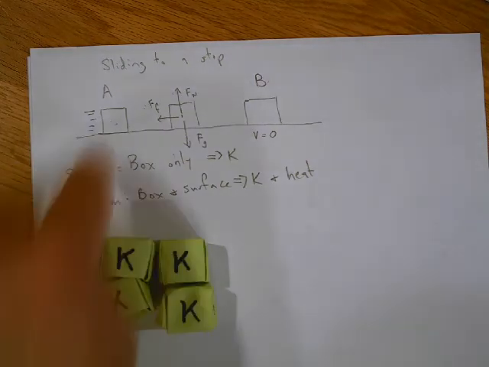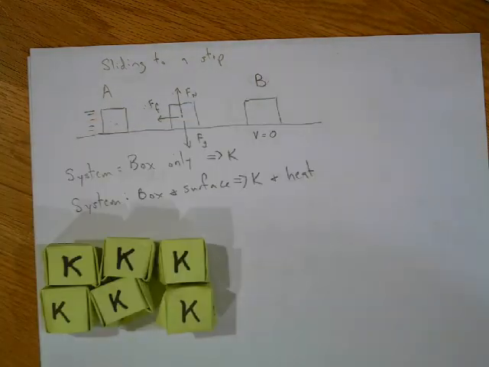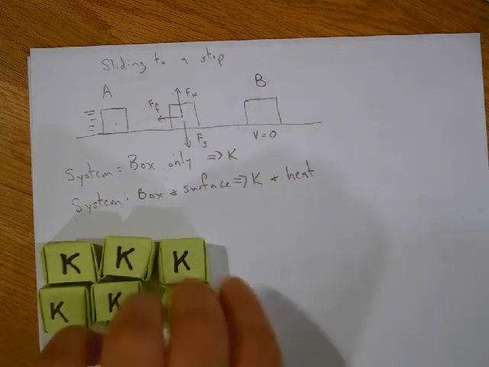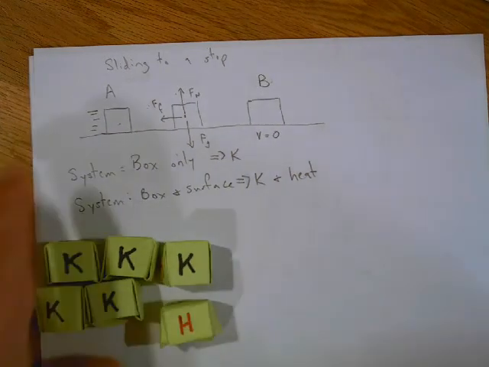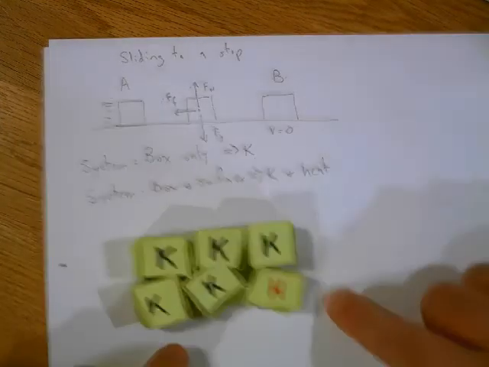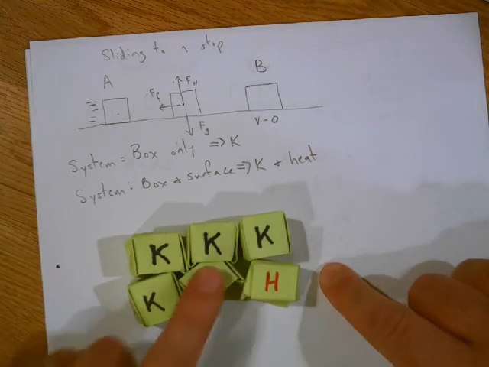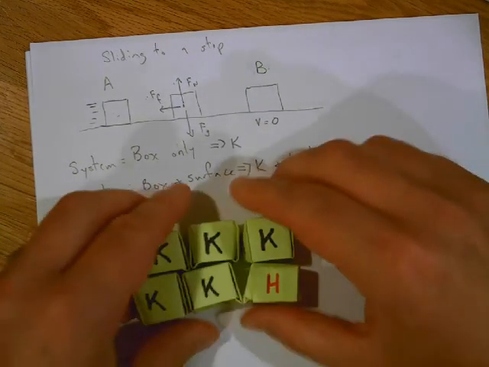Now, going from here to here, there is a force that's changing the energy, but it's not removing it from the system. So as I move along, hey, look, one of my boxes of kinetic got changed to heat.